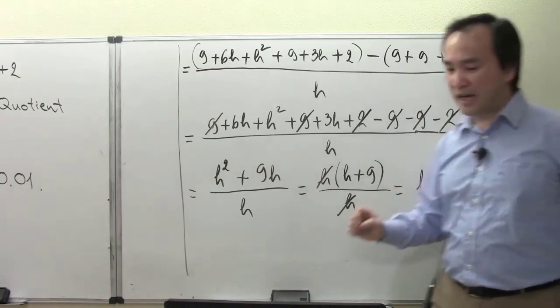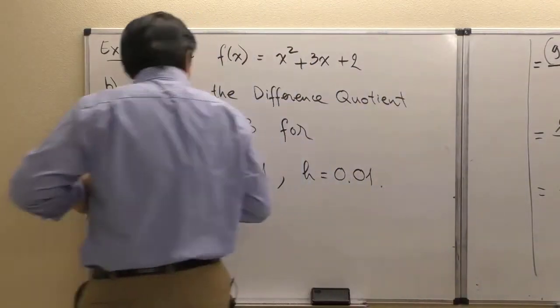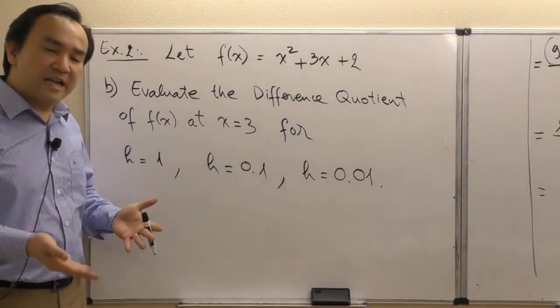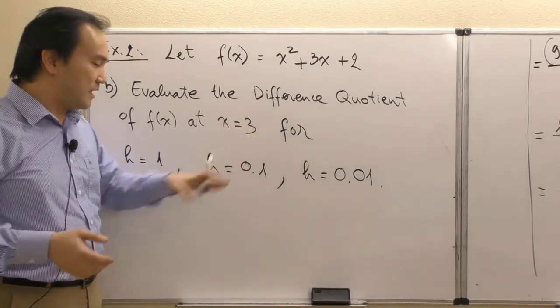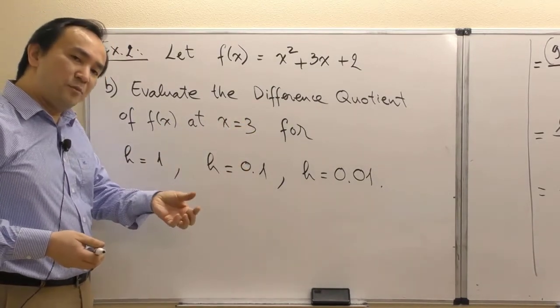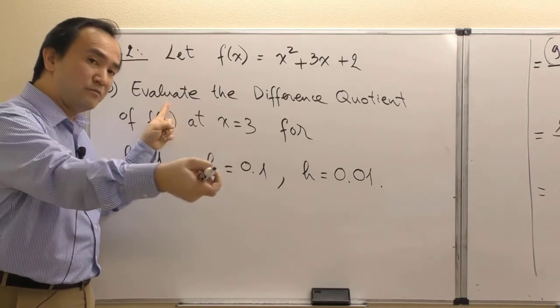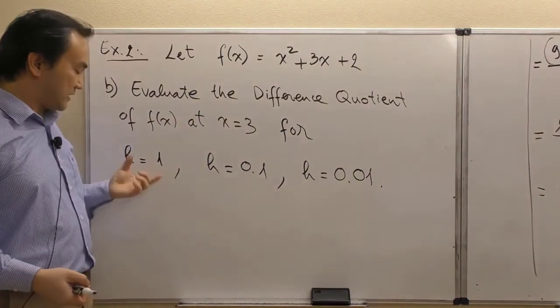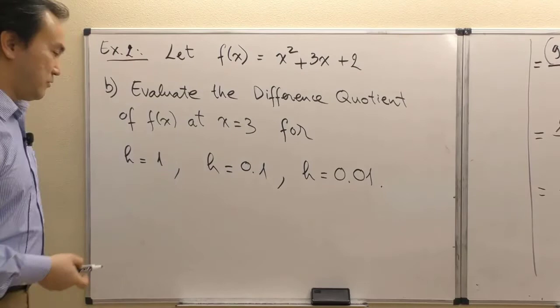And that's the whole idea right there. So with our final simplified expression for the difference quotient of f of x at x equals 3, but with the h variable left over, we want to evaluate and come up with the actual numerical value at these 3 different given h values. All right, so this is what we do right here.